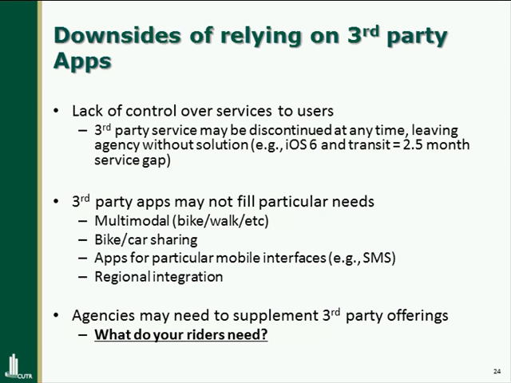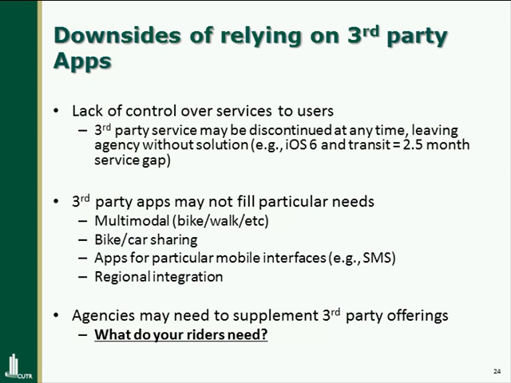There are some downsides of relying on third-party apps. The pro, again, is that if you share your data openly and follow some of the suggestions that we've outlined, there's been some good evidence in the industry that third-party applications will develop that use your data. But some of the downsides are really the lack of control over these services to users. You're relying completely on a third-party service, and the third party may decide to discontinue their application at any point in time. That would just leave the agency without a solution for that particular application.